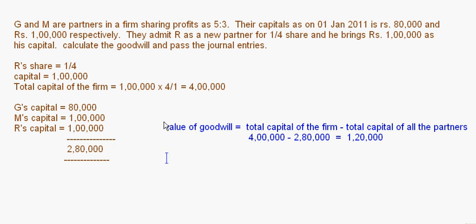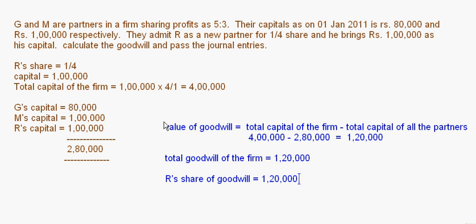This is the total goodwill of the firm, right? Now you find out R's share of goodwill. So that is 1,20,000 into his share, that is 1/4, which is equal to 30,000, right?